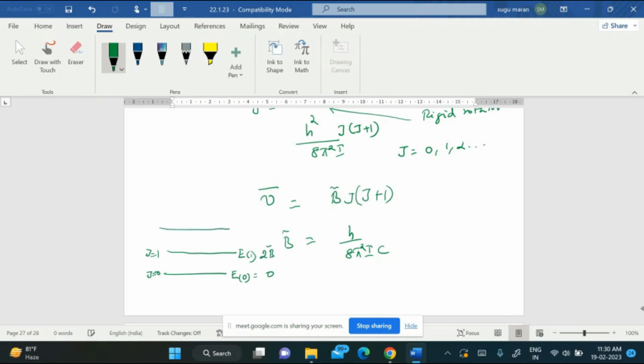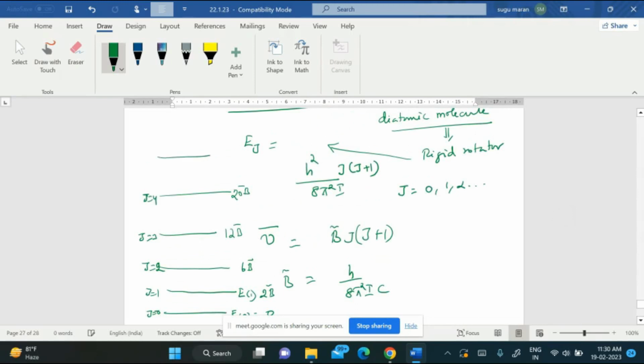The next value would be 6B bar for J equal to 2, 12B bar for J equal to 3, 20B bar for J equal to 4, 30B bar for J equal to 5, and for J equal to 6, this is 42B bar.